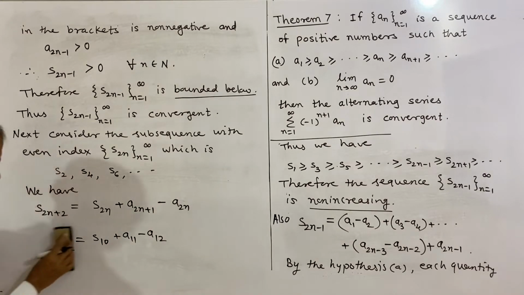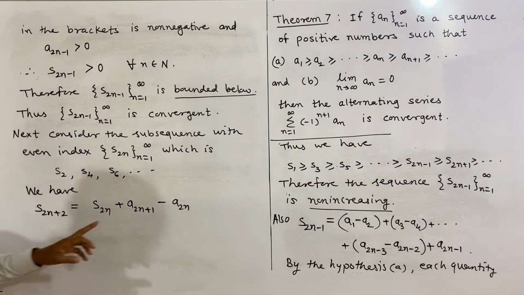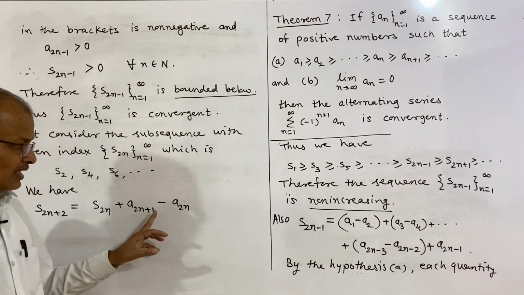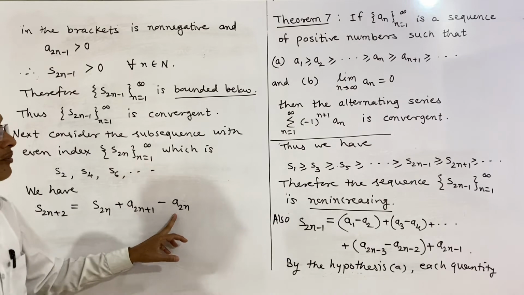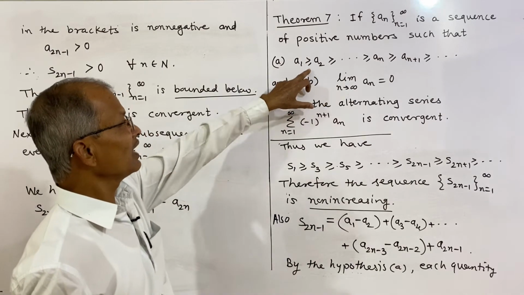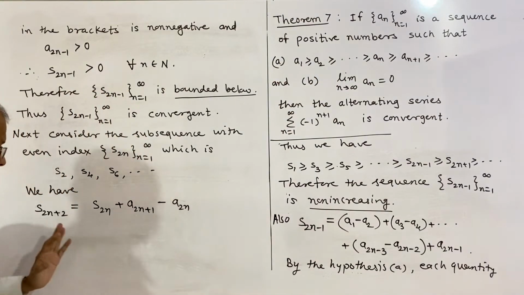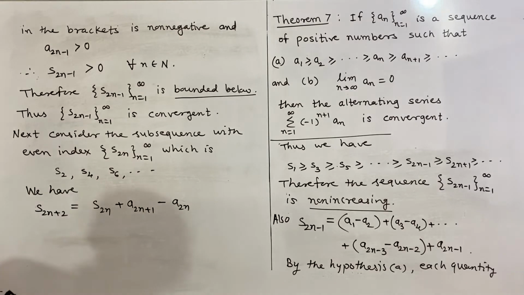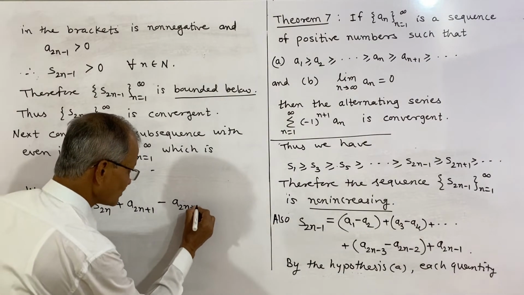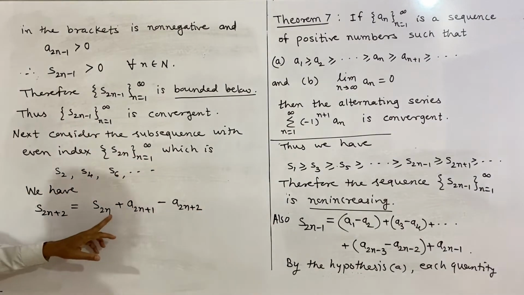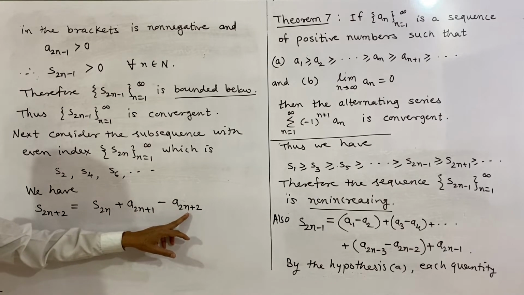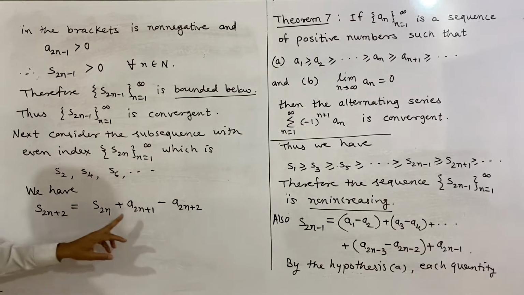In that way we have expressed the sum, and because A2n plus 1 is greater than or equal to A2n plus 2 by the first condition, A1 is greater than or equal to, see, one thing you should correct here is 2n plus 2. 2n plus 1 and 2n plus 2, up to 2n plus 2 terms we have to write.